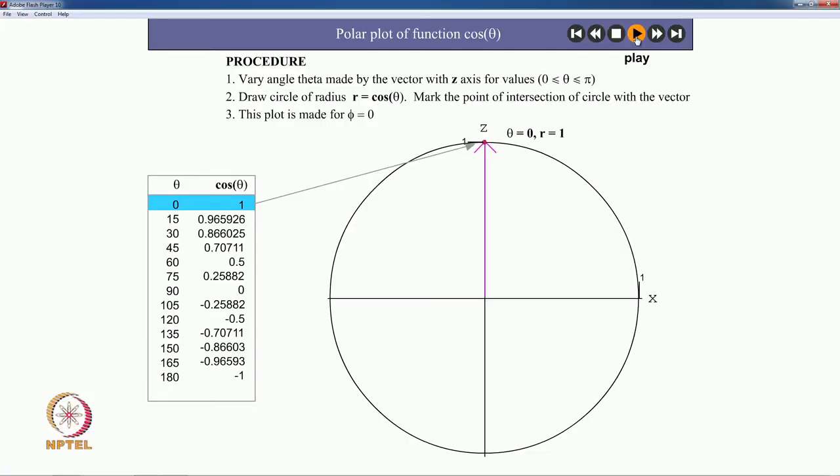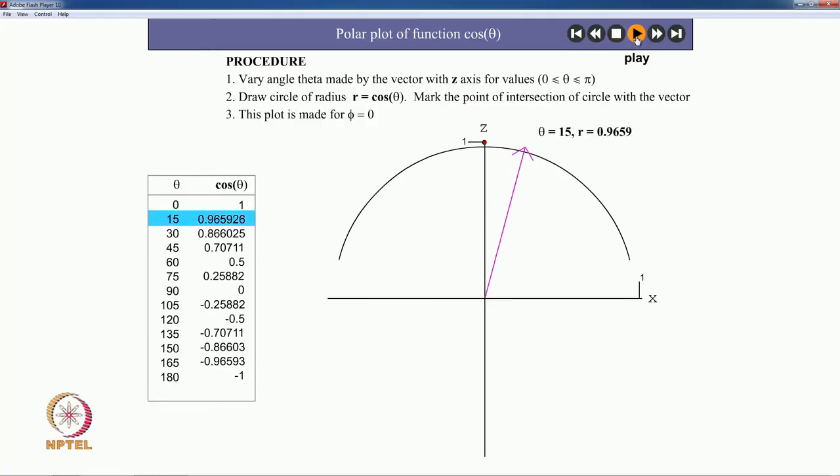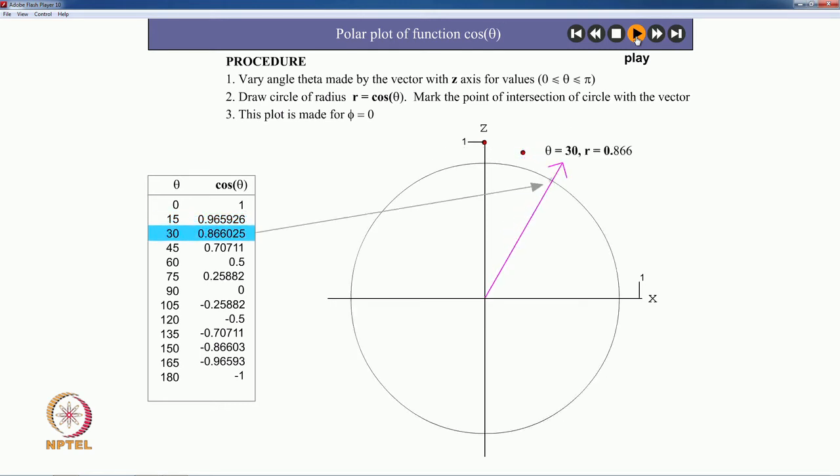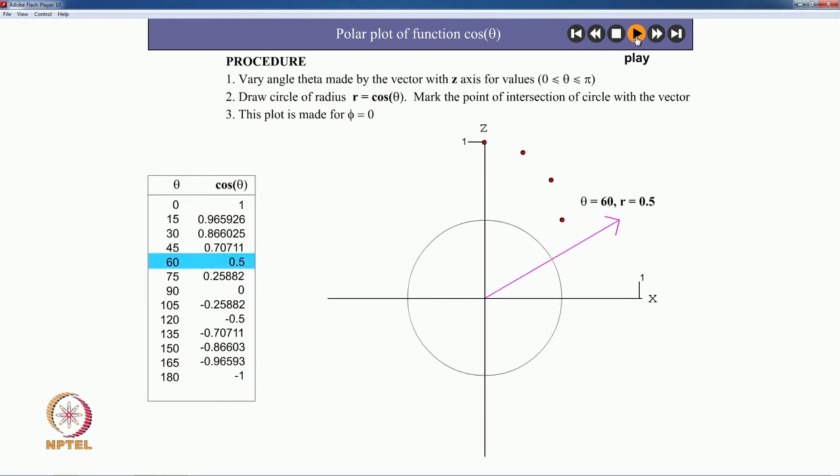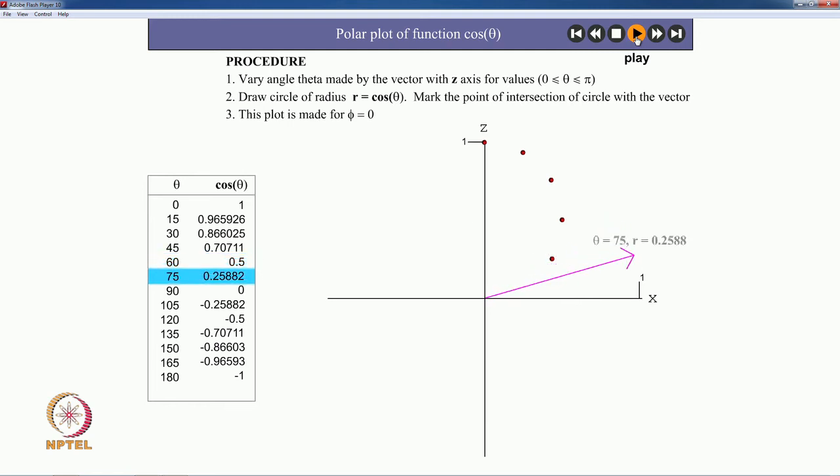Okay. So, this is theta equal to 0, cos theta is 1; at 15 degrees, cos theta is 0.9. You mark it on the radius, the entire length. And then you connect all these points to get a representation for cos theta on a polar system.